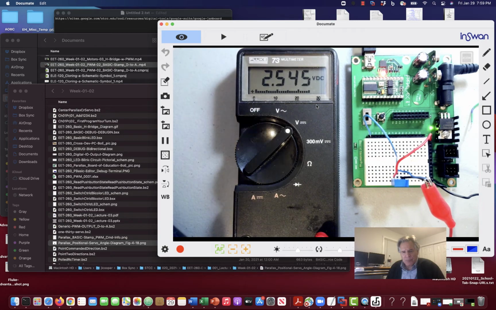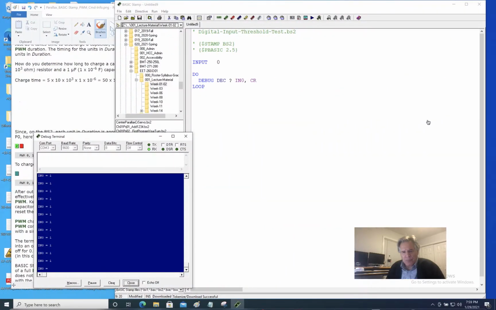Let's go look at our sketch that's running right now. This sketch is really pretty simple. We're using pin 0 as an input, and with debug we say, please print out the value of this question mark, which means query input 0, in decimal, do a carriage return, and keep going.